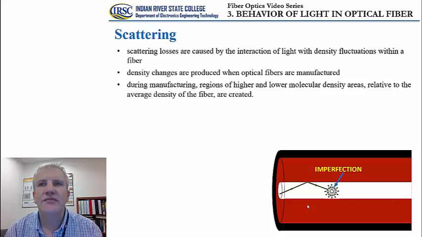So when the light travels through the fiber, it's going to start interacting with these different density areas that are shown in the picture, and when the light hits these higher or lower density small impurities, it is going to be scattered in all directions, and that's going to cause the loss of a certain power of a signal that's being transmitted along the optical fiber.